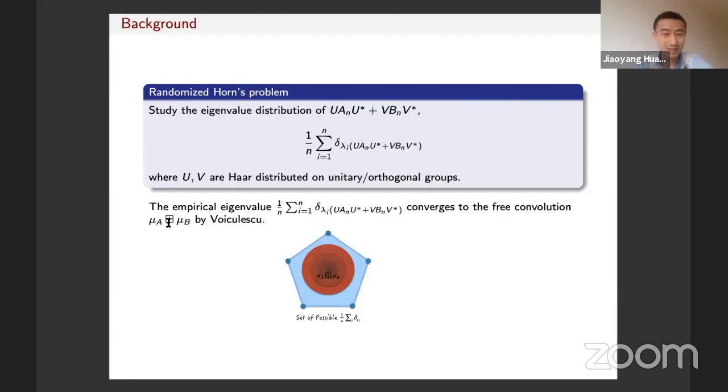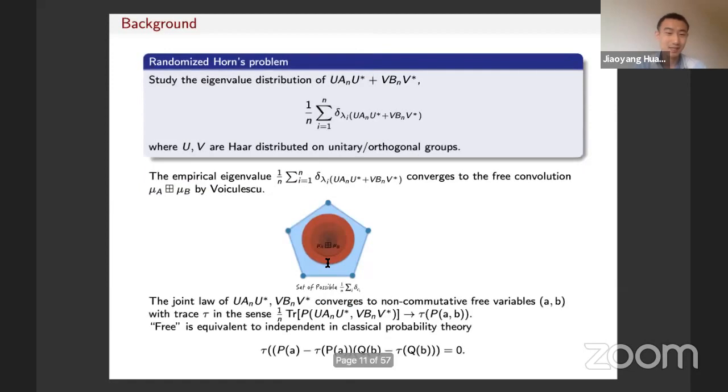He coined this term free convolution, which is very similar to independence in the classical probability setting. So thanks to this result, we know that the empirical eigenvalue distribution is not uniformly distributed on this polytope given by the relations of Horn. In fact, it's concentrated around this one point given by the free convolution.